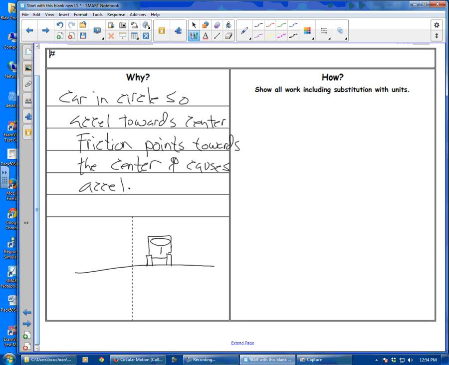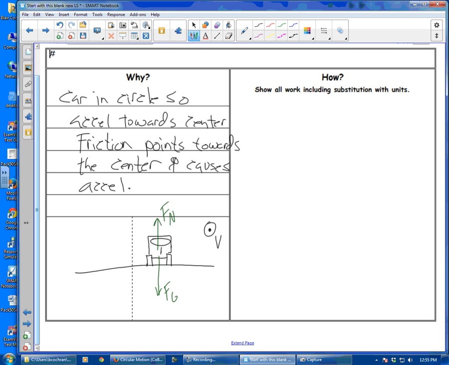So the car is coming at us, so we'll indicate that with a little arrow coming at us. Remember, call that V. That's how you indicate an arrow coming out of the board. So we'd have the weight down, we'd have the normal force up, and we would actually have, now, remember, friction always opposes motion or possible motion.